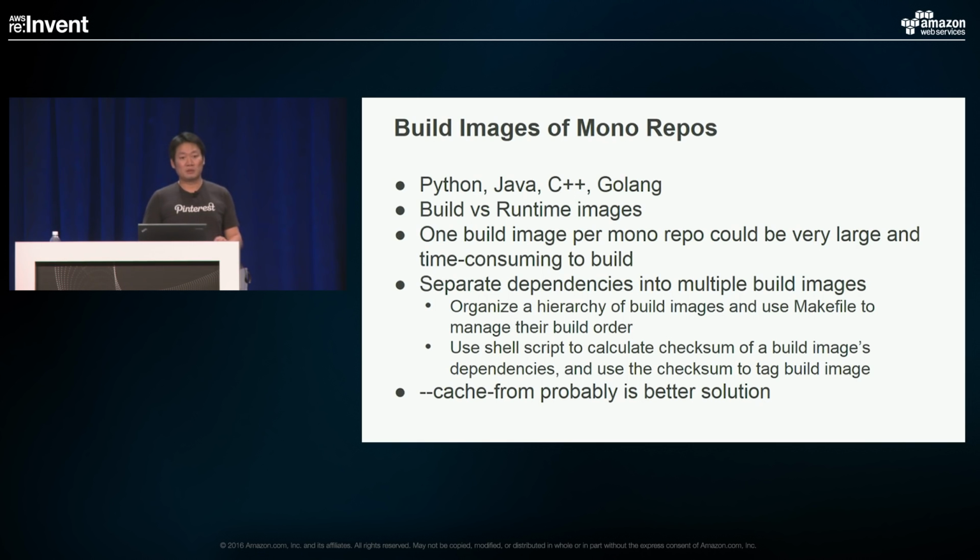It can look up cache from a remote place rather than the local host, which is awesome. I think we can probably leverage it by building some cache images remotely, and all the developers can benefit from it because it can pull from another place.